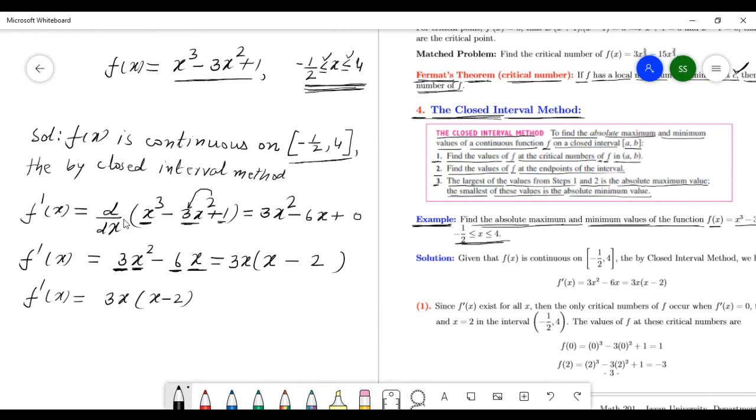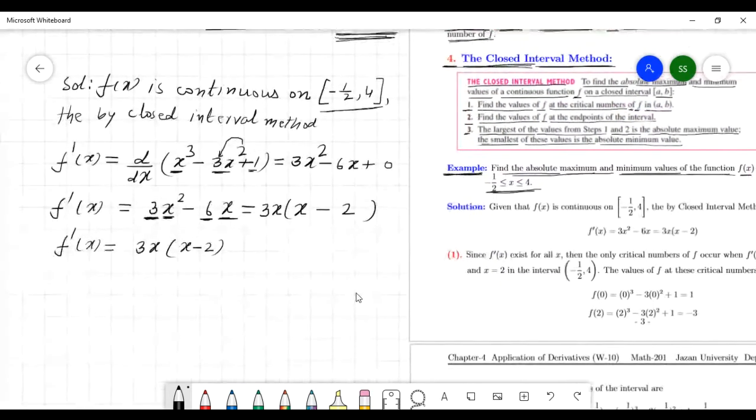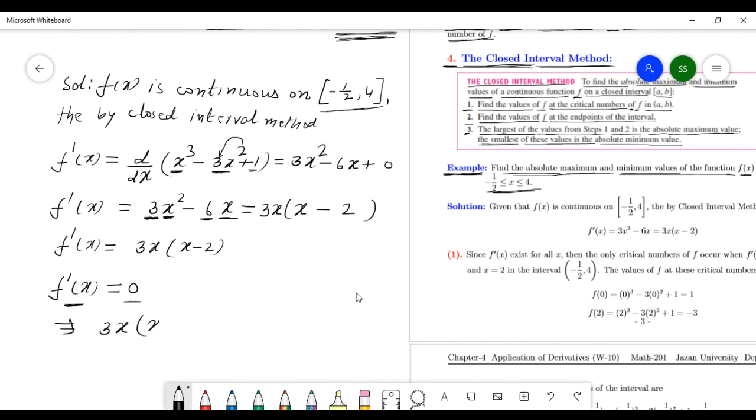Now look here, what to do for the critical numbers? You will take f'(x) equal to 0. This implies 3x(x minus 2) equal to 0.